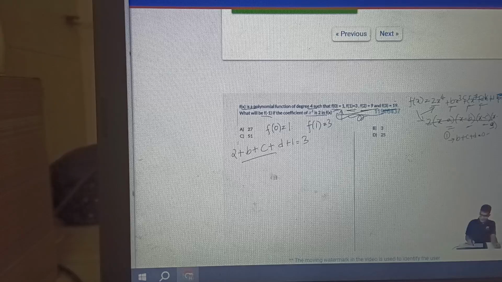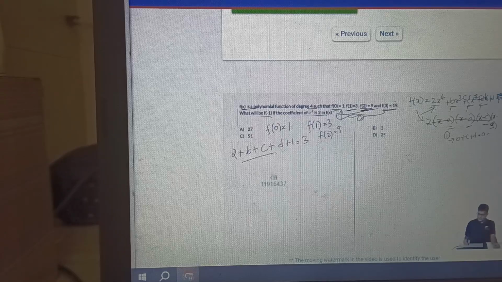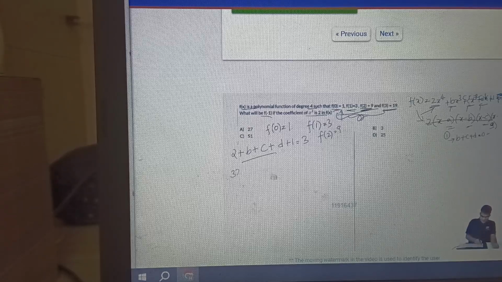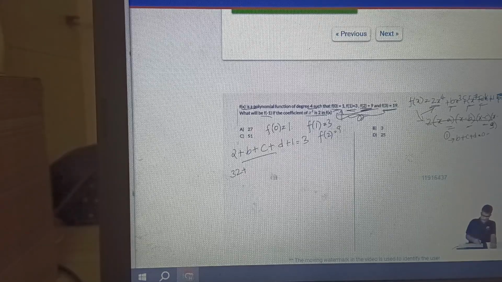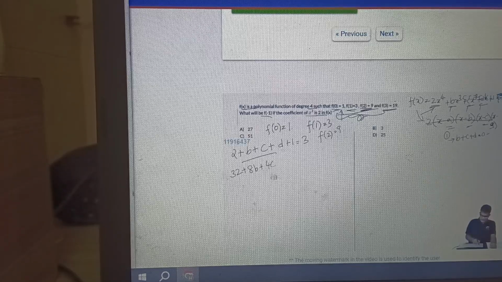Now if you substitute the value of x to be equal to 2, f of 2 is equal to 9. What is 2 into x to the power 4? That will be 2 into 2 to the power 4. That is 2 into 16, which is equal to 32. Plus bx cube. X is equal to 2, so x cube will be equal to 8. So plus 8b. Plus cx square will be 4c.